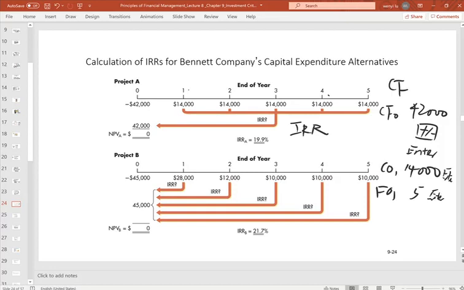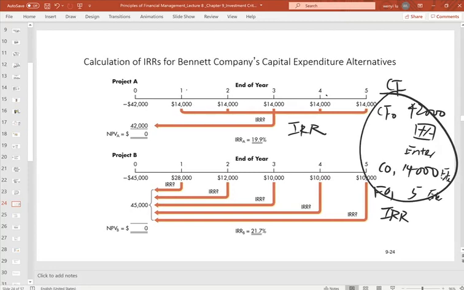Then you will not press NPV now; instead you press IRR after you finish this input. Press CPT and you can see the answer will be 19.9%. This is more than the required rate of return, 12%, in the question.